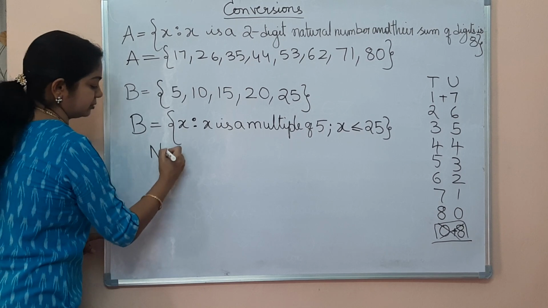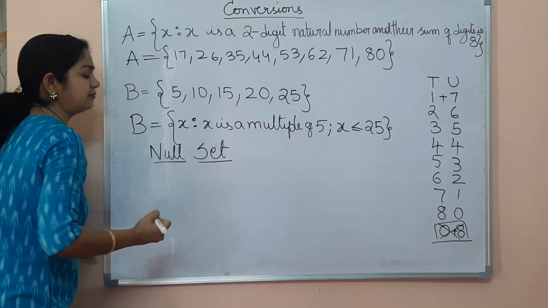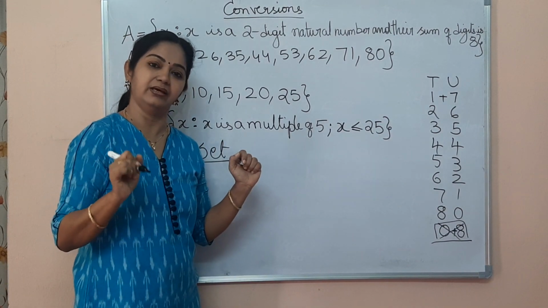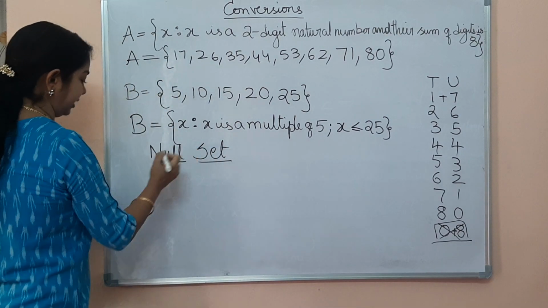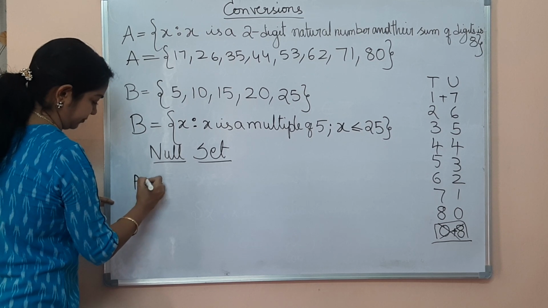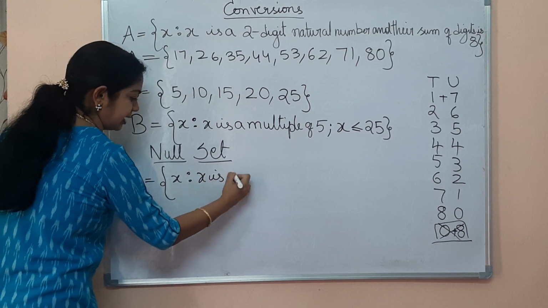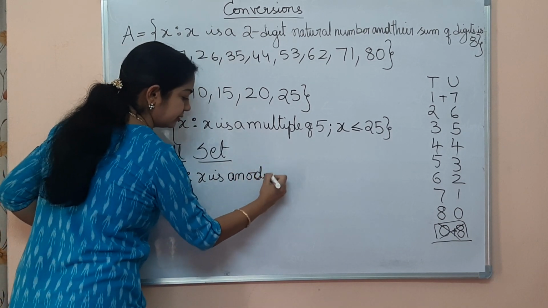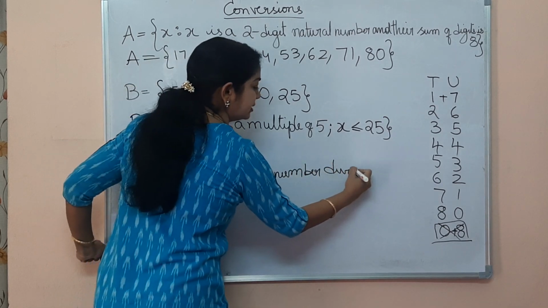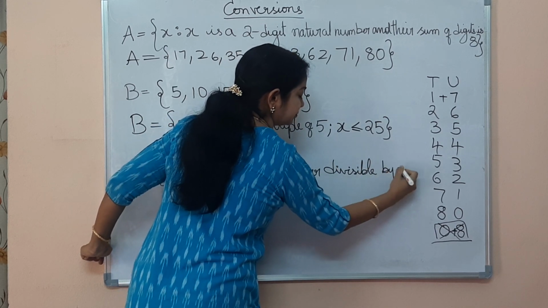Now we'll go to another topic, that is null set. A null set is a set having no elements in the set. Now if I take a set builder form, A equals x such that x is an odd number divisible by 2.